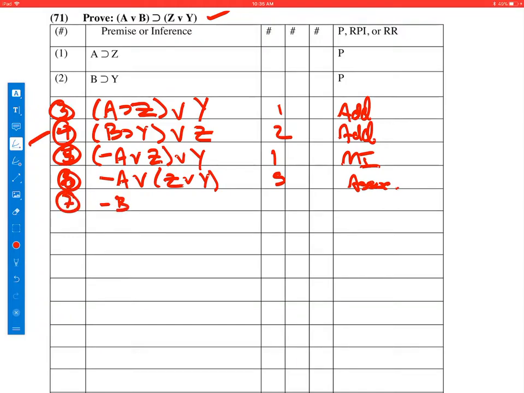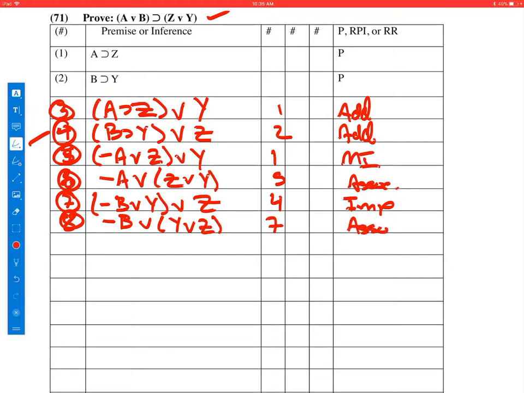So now let me start doing something similar to line 4, 5, 6, 7. Not B or Y or Z. That's 4. That's by implication. And now let me push that Z, well, not push it over.